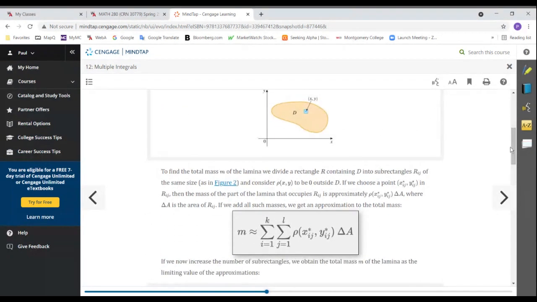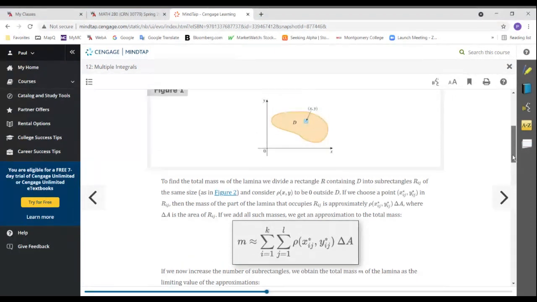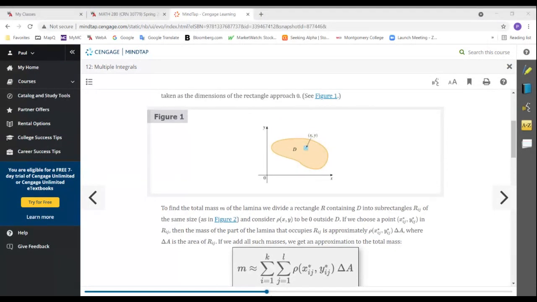Well, if the density were a function of x and y, in that lamina in figure 1, you have a region D, which is the region for the lamina. And you have coordinates x and y, and there are different coordinates of x and y on the lamina. And every coordinate on that lamina could have a different density. You could allow for a different density.